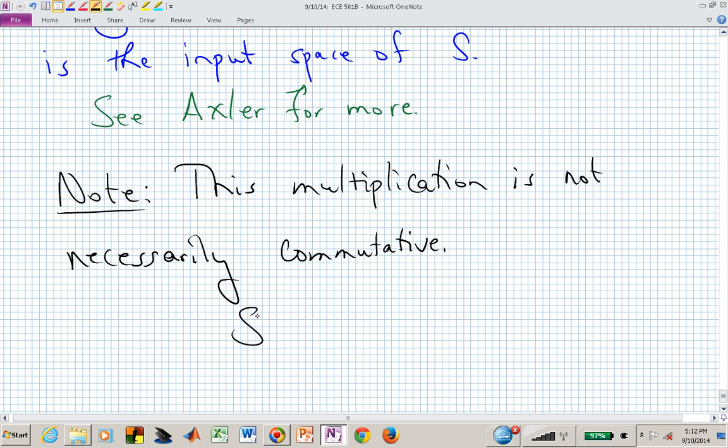ST is not necessarily equal to TS. And I think in the book they give an example of that, where maybe the first operator, T, is the differentiation operator, and S might be the multiplication by x squared. And you can see that those are not going to be equal. ST is not going to equal TS. It really depends on when you differentiate and when you multiply by x squared.